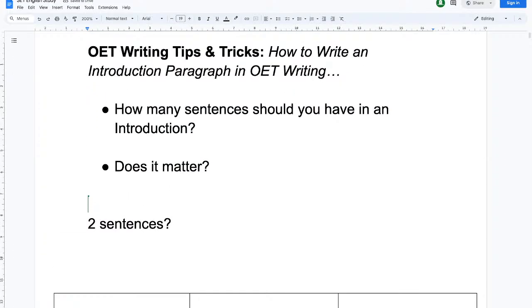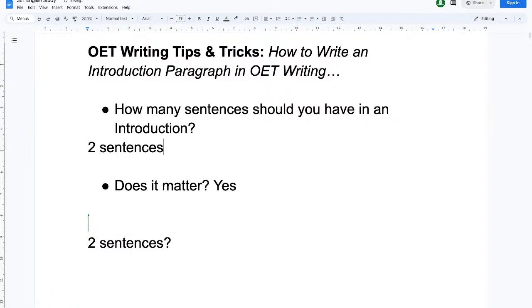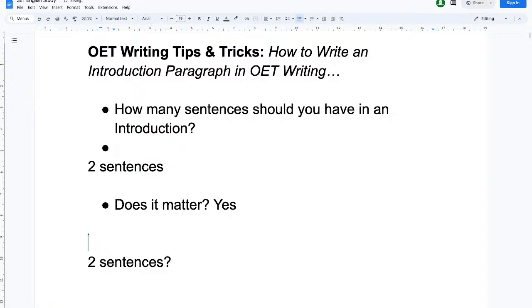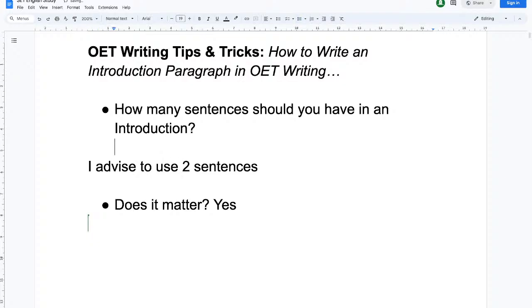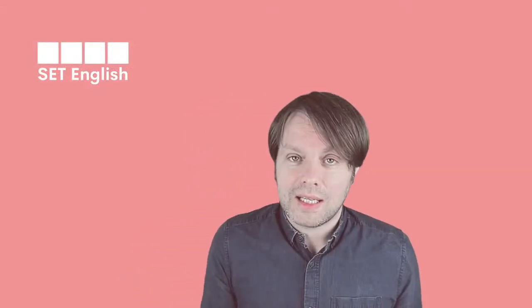So, coming back to this question: does it matter? Yes, it does matter. Is the answer 2 sentences? Well, I don't think we need to be so strict. I advise 2 sentences. But I understand there are different people and different techniques. You can use 1 sometimes, you can use 3.